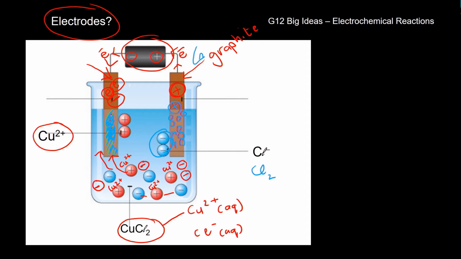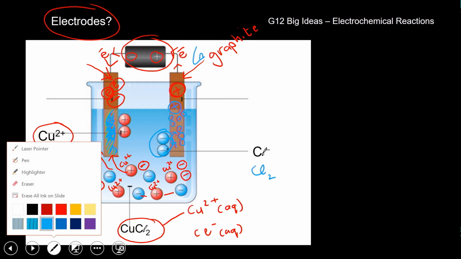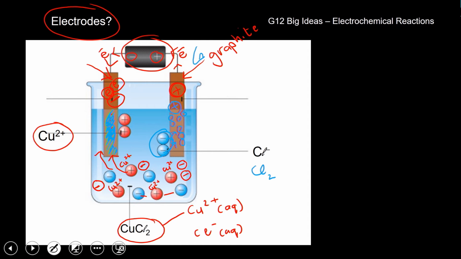Let's write these half equations down. On the one side, we have copper 2+ plus 2 electrons forming copper, and it's a solid. You'll see this thin layer of solid copper being formed. It has an oxidation number of 0, so it's pure copper. What's happening on the other side?